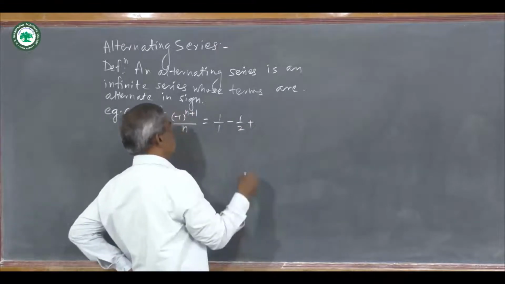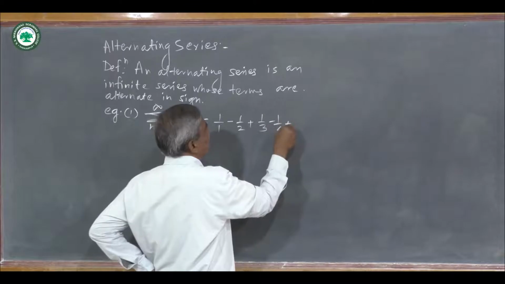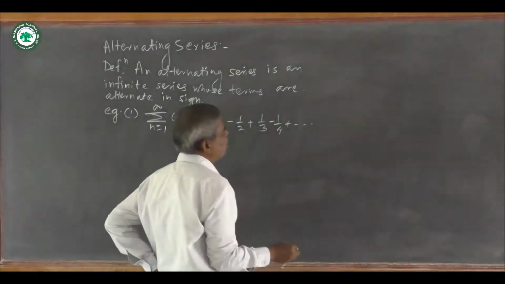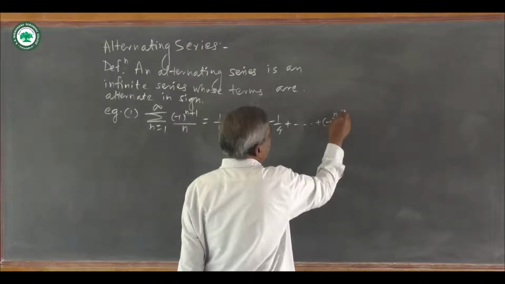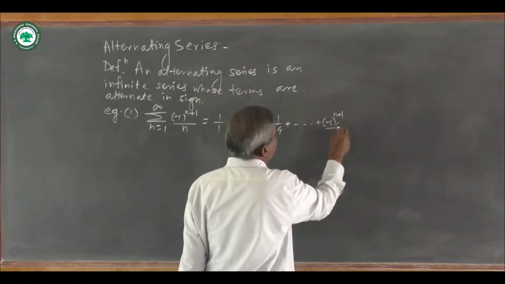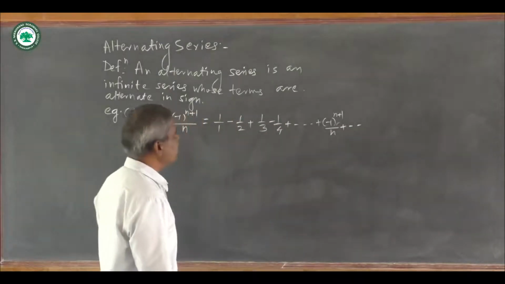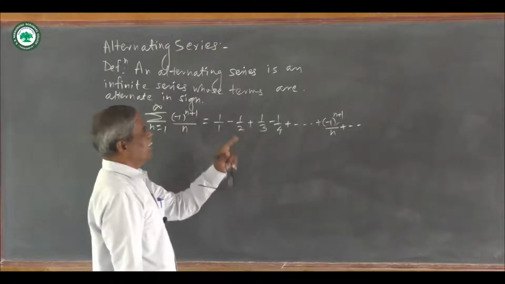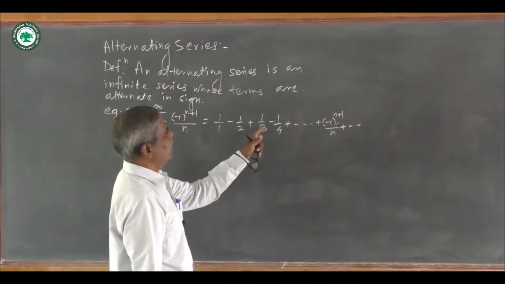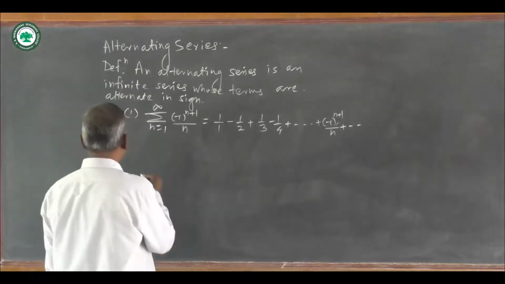For n equals 3, we obtain plus 1 by 3, minus 1 by 4, and so on, plus minus 1 raised to n plus 1 upon n, and so on. The first term is positive, the second is negative, the third is positive, the fourth is negative, and so on.